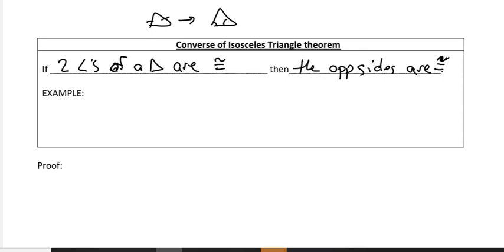It's a congruent symbol. An example of this would be, if we know those are congruent, then we know these are congruent. That'd be the converse.